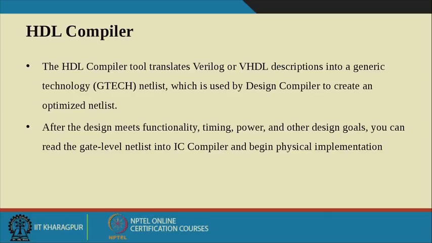Okay. So one of them is the HDL compiler. Why is the HDL compiler needed? HDL compiler is needed in Design Compiler because the input is the HDL file. HDL file means whatever design we are trying to design, described using the hardware description language.